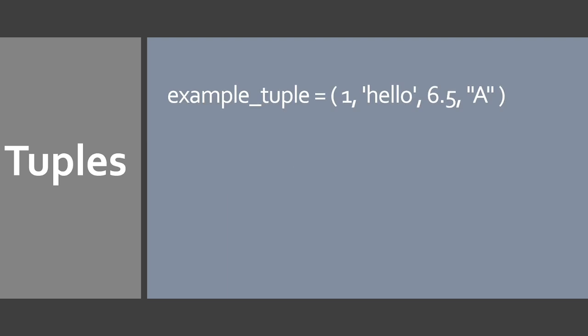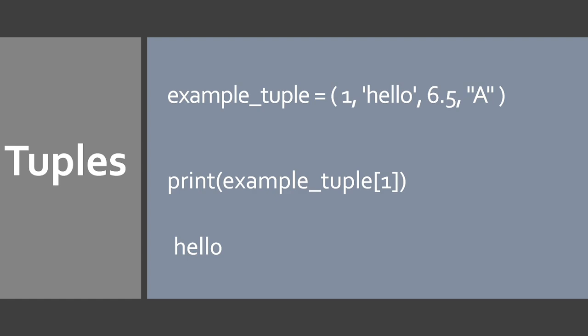They contain an ordered sequence of one or more types, but the main difference is that they are immutable. Immutable means they cannot change. In simple terms, this means that the values inside the tuple cannot be modified or changed. Tuples are represented by the tuple class and hold data types wrapped in parentheses.